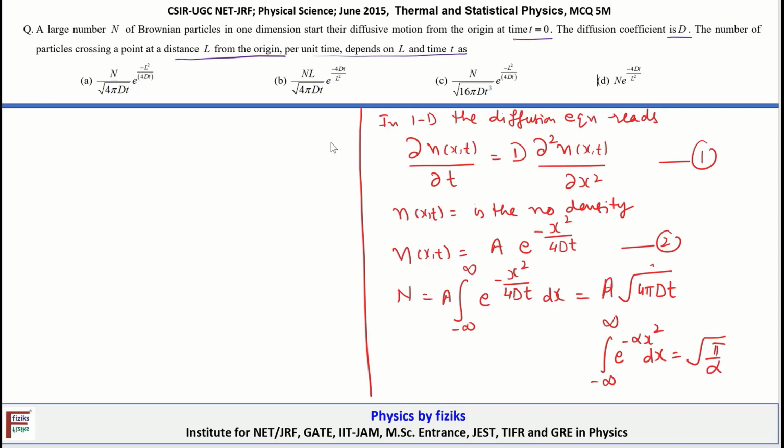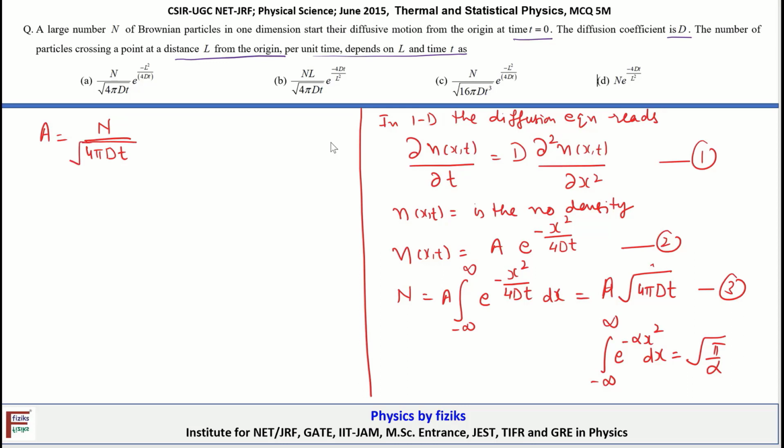This is a standard result. So from equation 3 we obtain that A is equal to N upon root 4 pi Dt.